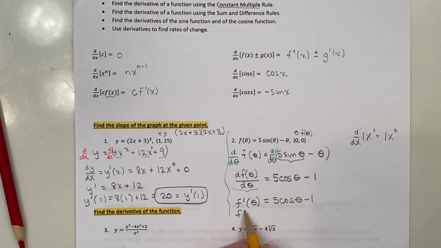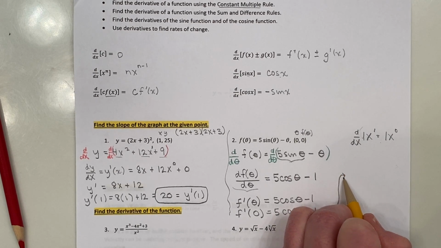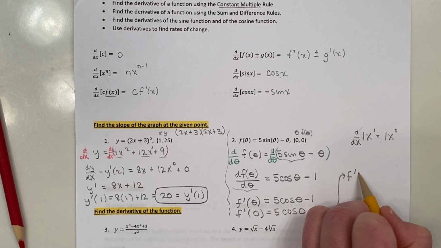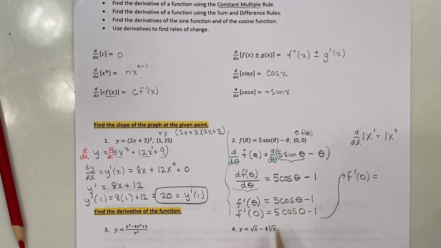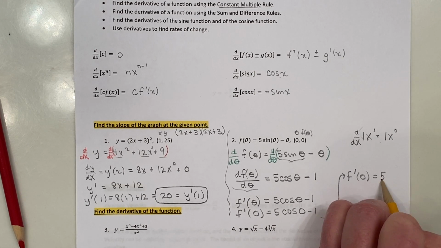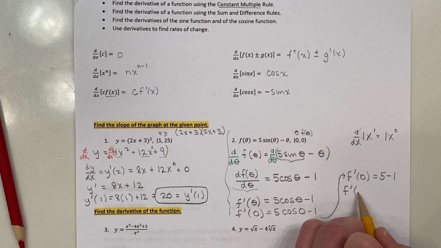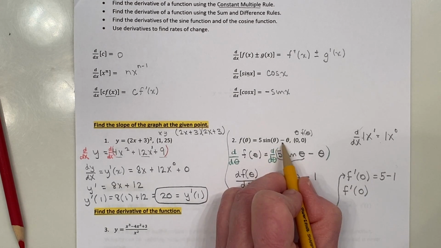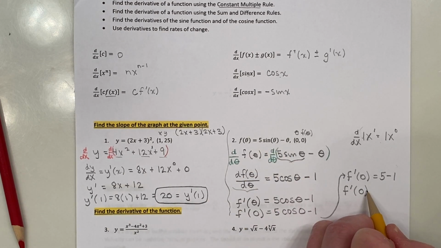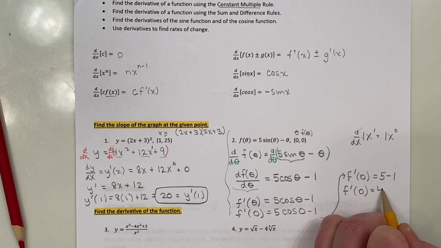Now I'm going to plug in 0 for my theta. Well, the cosine of 0 on the unit circle would be 1. 1 times 5 is 5. I still have minus 1. So the slope of the graph of the original function at x equals 0 would be 4.